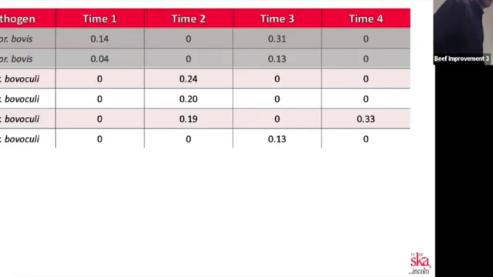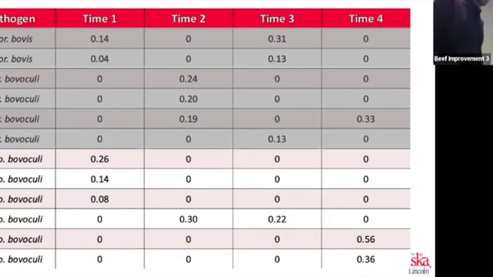For Moraxella bovoculi, we have non-zero heritability estimates at time 2, 3, and 4. And for Mycoplasma bovoculi, for all of these ASV, we have non-zero heritabilities at time 1, 2, 3, and 4, with this guy out here at time point 4 being pretty highly heritable at 0.56.